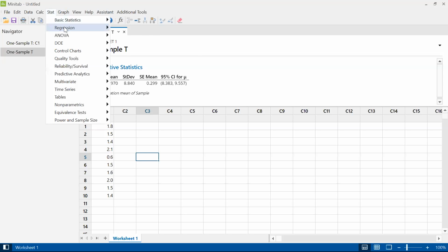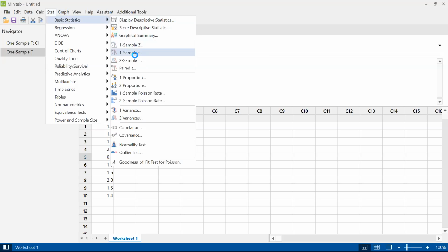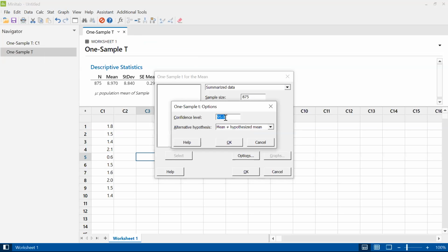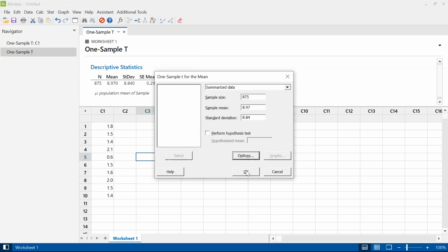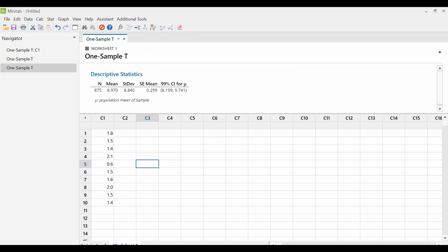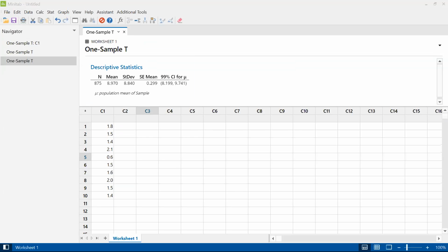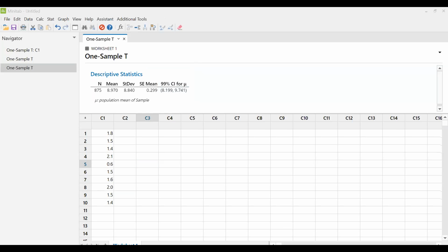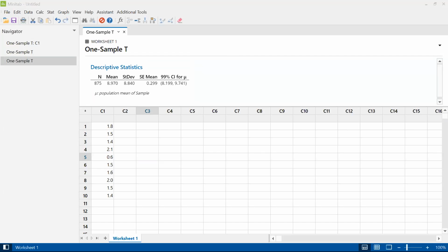All right, so what about the 99% confidence interval? We'll just redo that. Going into options, changing our confidence level to 99. Hit OK. And so our answer changed to 8.199 to 9.741.